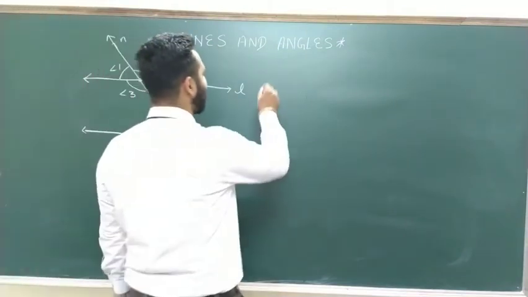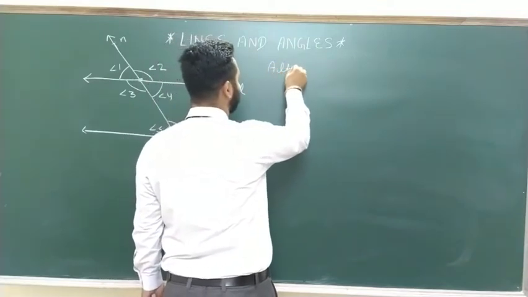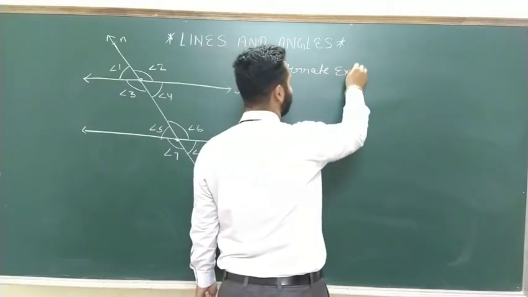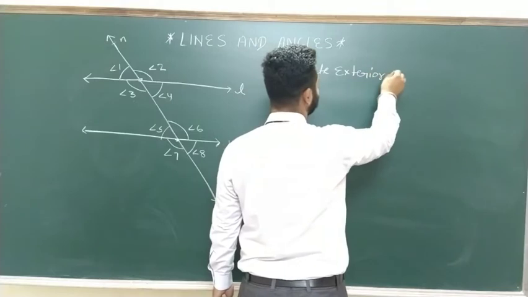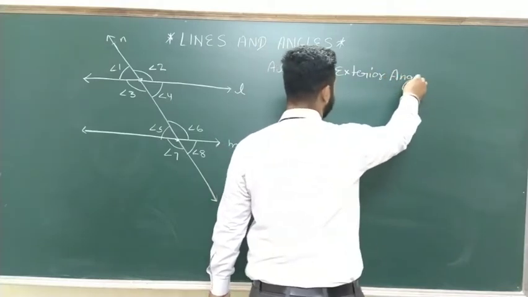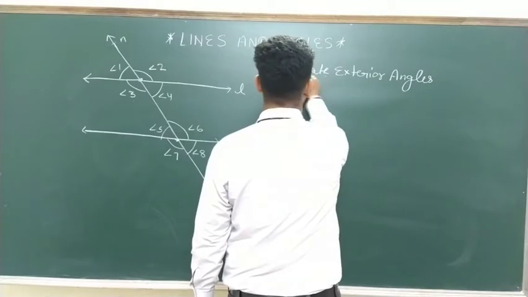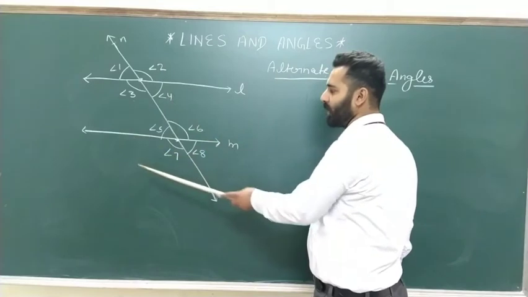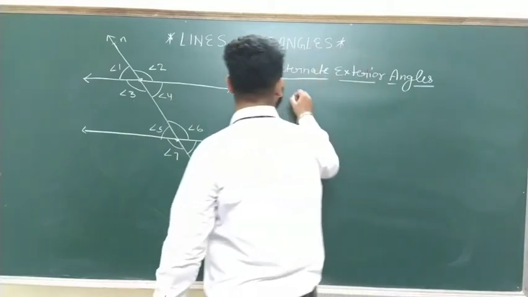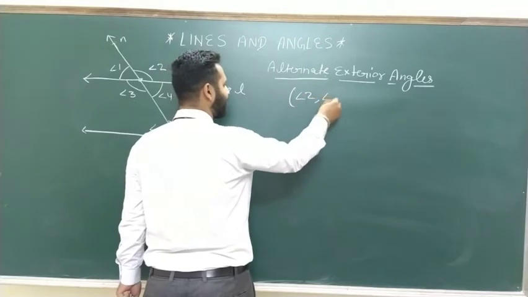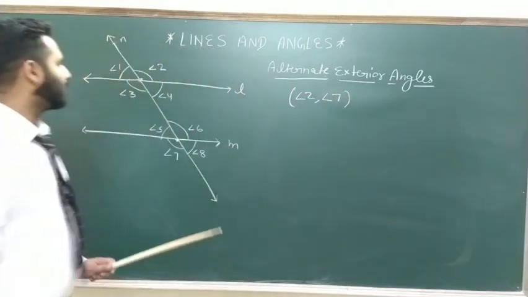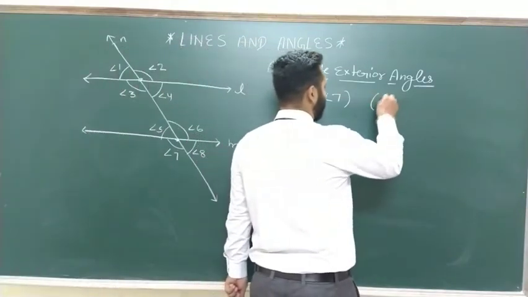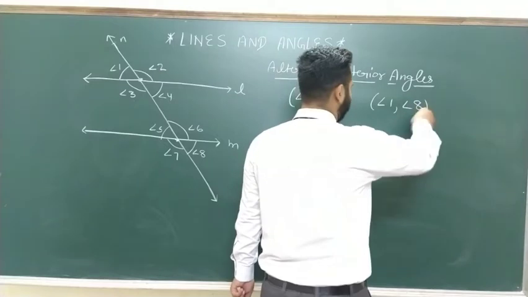So we are discussing now alternate exterior angles. You can say only alternate angles also, or alternate exterior angles. They are also equal. So the pairs are angle 2 and angle 7, and this side we have angle 1 and angle 8.